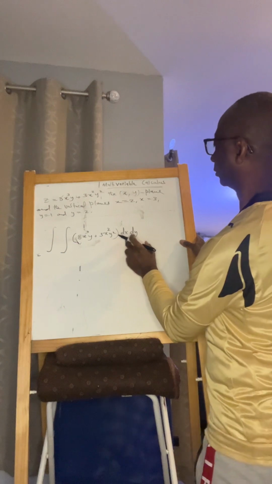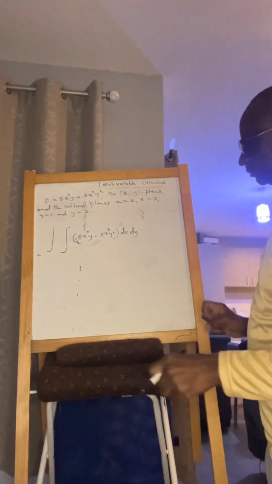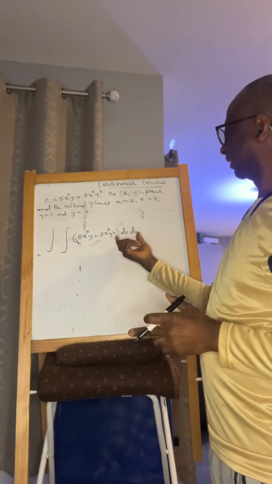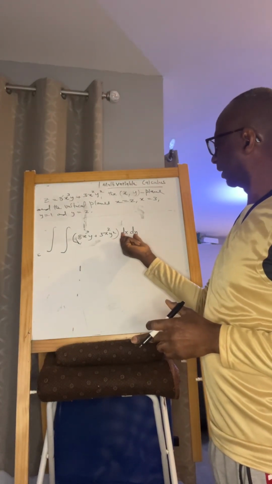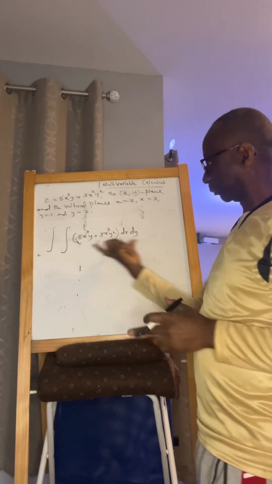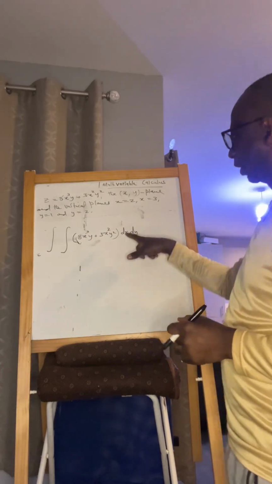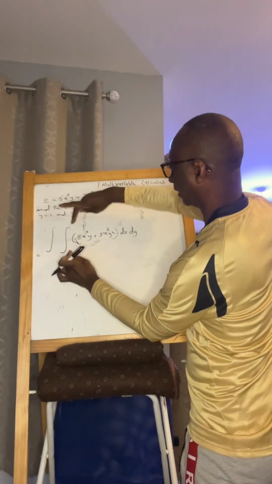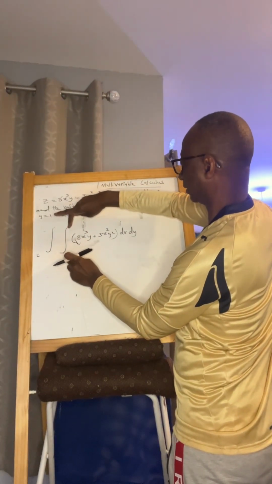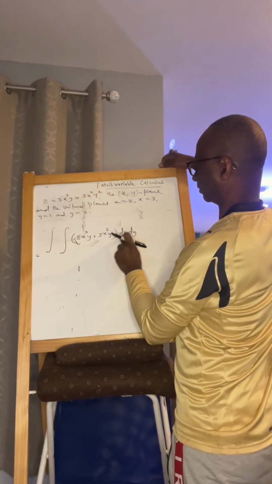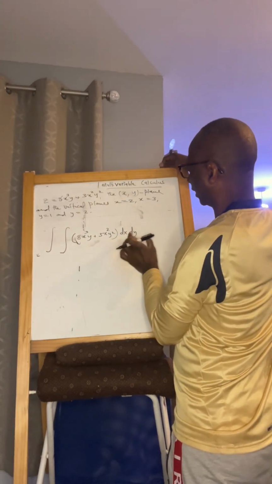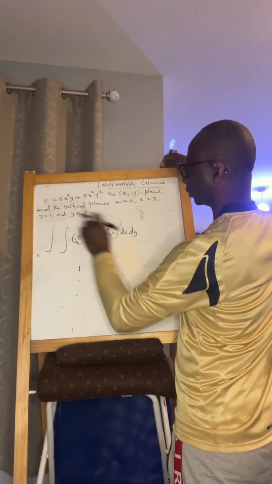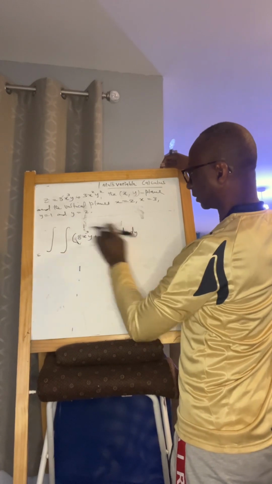Now watch, most people make the mistake of writing these functions in the wrong way. When you have the x first here, it means the inner integral has the x. The y is the outer one, so the y goes with the outer one.